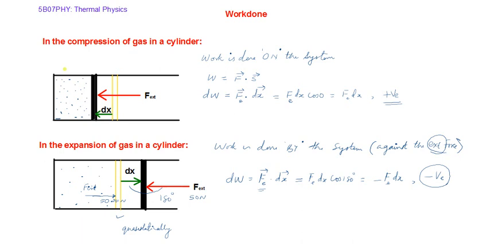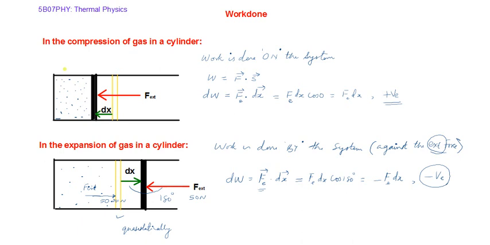In that case only the process will be happening quasi-statically, and there will not be any acceleration caused for the piston. So this is something that we are doing so that we follow the same convention that is followed in mechanics. This is the concept that we are following in the case of work done in the compression or expansion of a gas inside a cylinder.